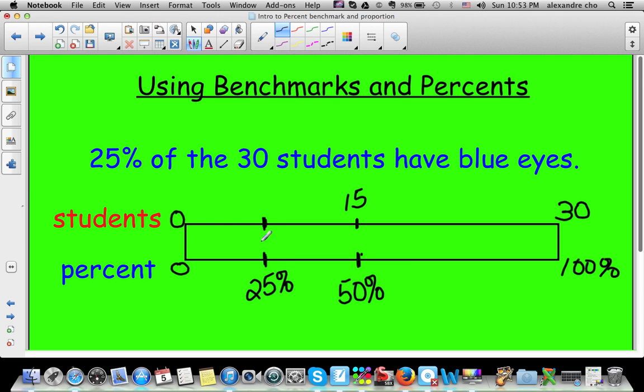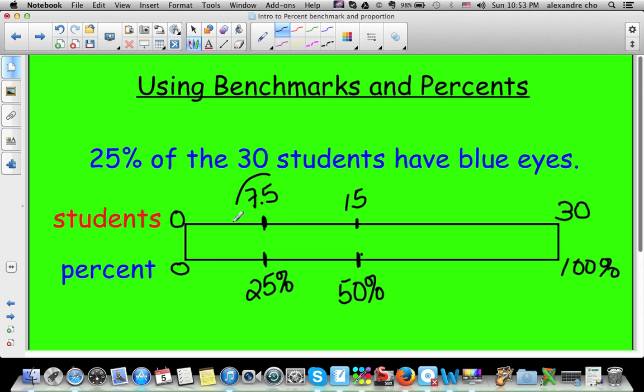Right on top of it is the location of 25%. 25% translates to what number? 25% is the halfway mark between 0 and 50, and this mark is the halfway between 0 and 15. And the halfway mark between 0 and 15, half of 15, would be 7.5. So that's how I would illustrate 25% of 30 students.